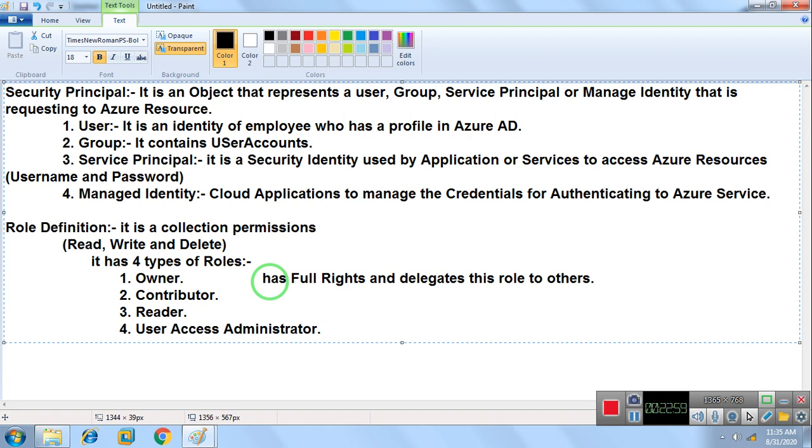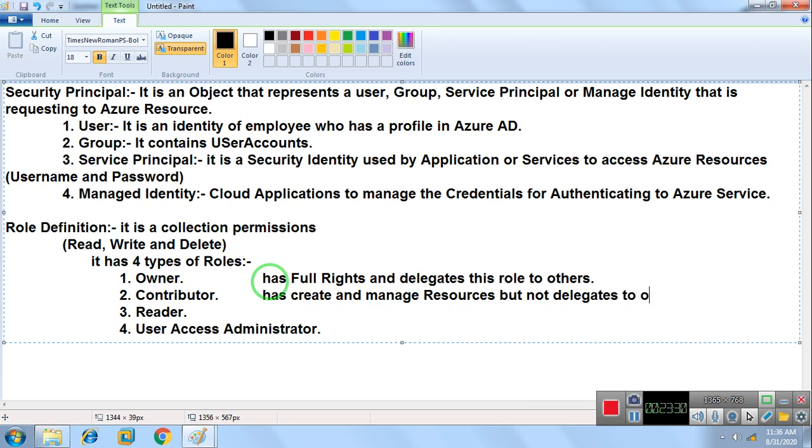Now next we have Contributor. A Contributor has the right to create and manage resources, but not delegate to others.